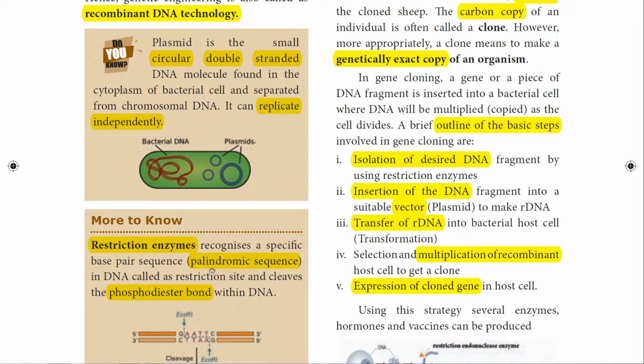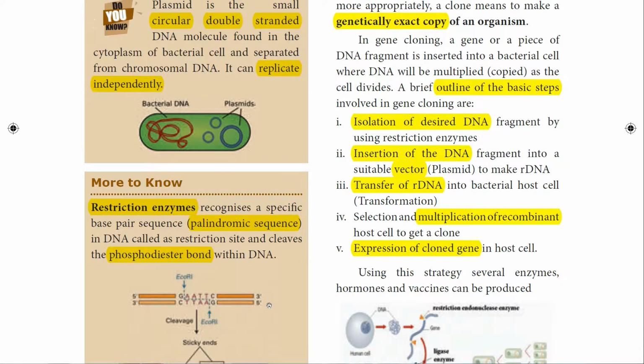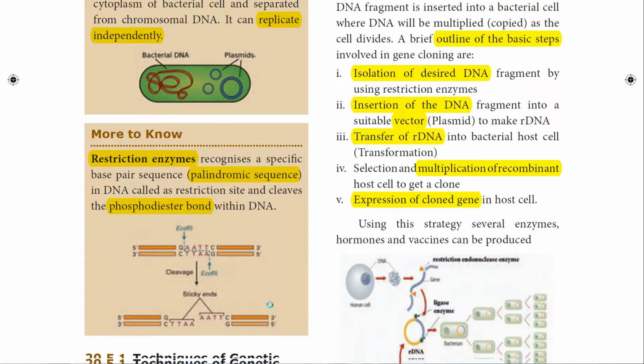It is a word or letters which can be read similarly from both sides. Similarly, base pairs which can be read the same from right and from left are called palindromic sequences. Restriction enzymes recognize these palindromic sequences on the DNA strand, cut the DNA and cleave the phosphodiester bonds of the DNA strand. This is used for genetic engineering.